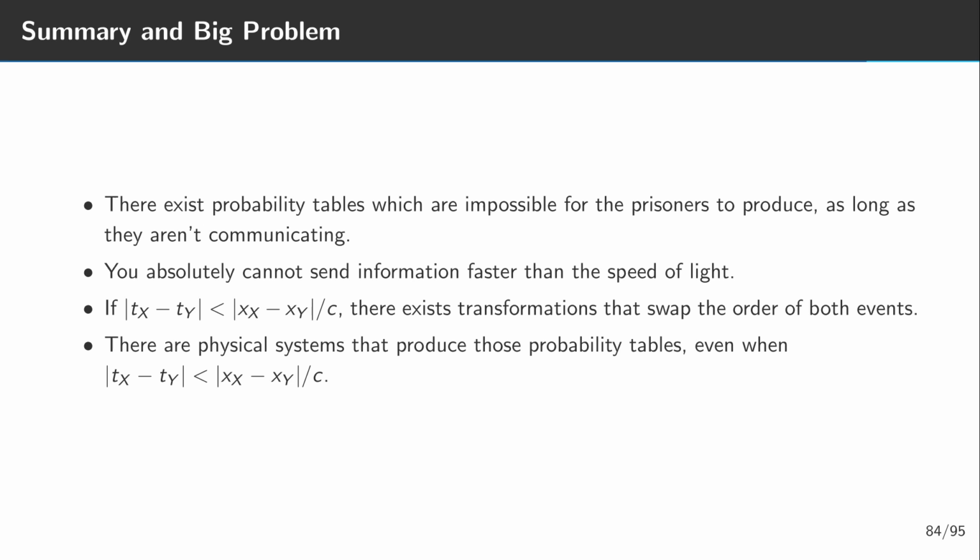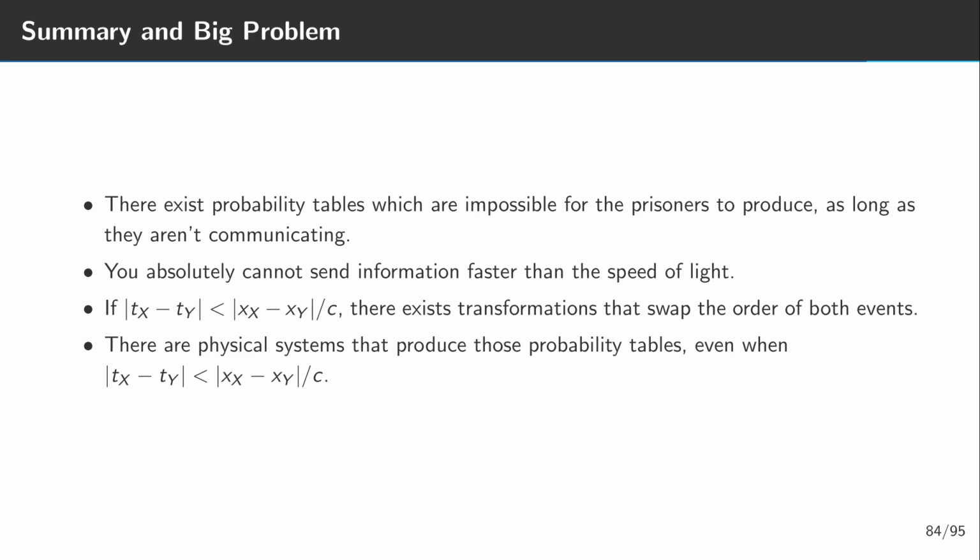In the second section, we learned that you absolutely cannot send information faster than the speed of light. We also learned that if 2 events are far apart in space but happen close after each other, there exist transformations that swap the order of events without modifying observable behavior.